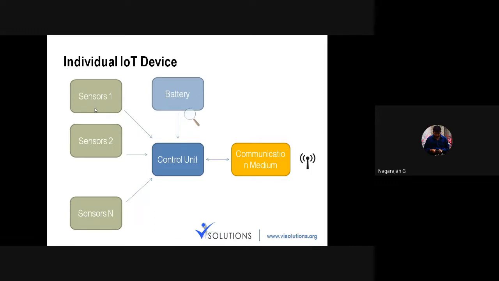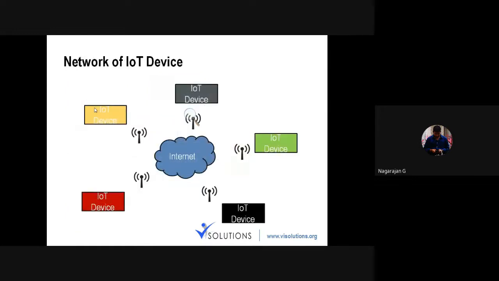We need a battery or a power supply to provide power to the control unit. The next one is the communication medium. You can communicate with Ethernet, or go with USB, or go for wireless based communication, and we use the internet as a medium to share the data. All together, it forms an IoT device.